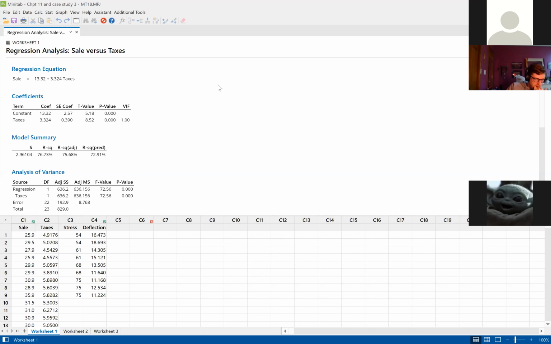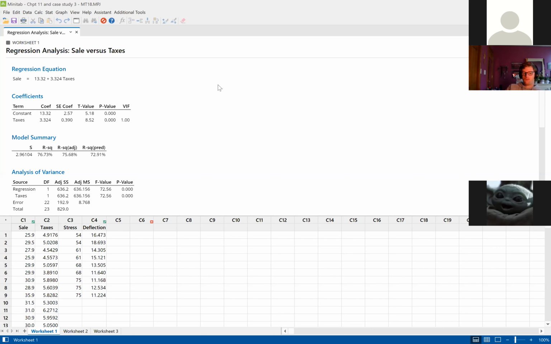Y equals mx plus b. So our slope, the m in our equation here, is that 3.324.